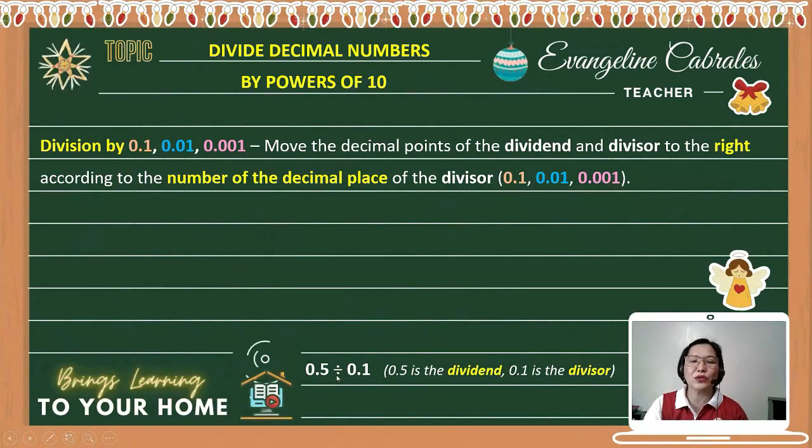Pag binasa mo ito o sinabi mo yung sign na divided by, andun pa rin yung salitang by. And tandaan din ha, ang tamang pagbigkas ay divided by. Minsan kasi nagkakamali. Sinasabi dead by, parang may namatay. O kaya naman, divide, nawala naman yung dulo. So again, the correct way of saying it is divided by. Okay?